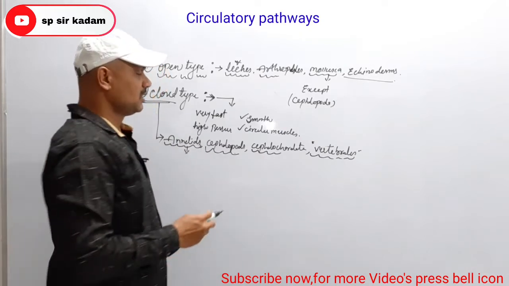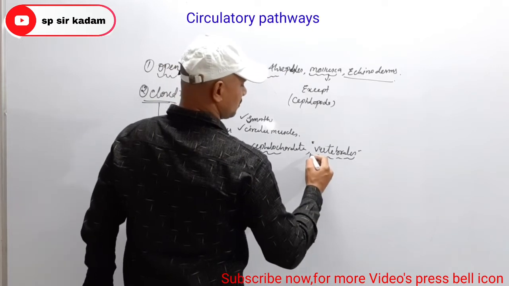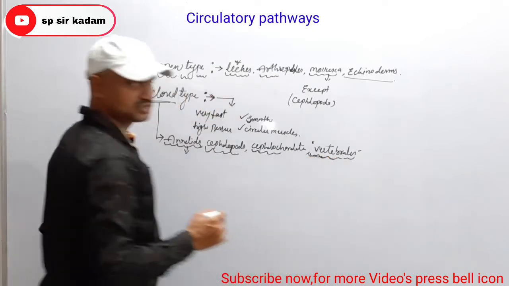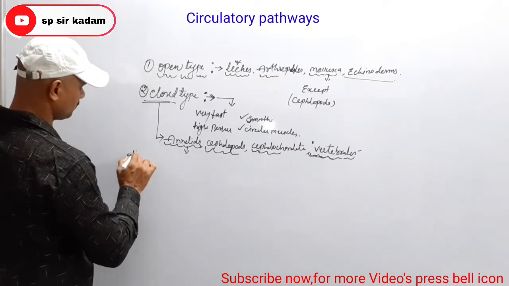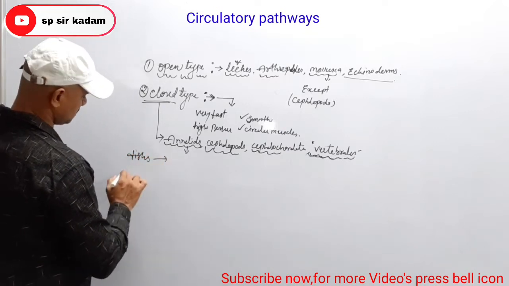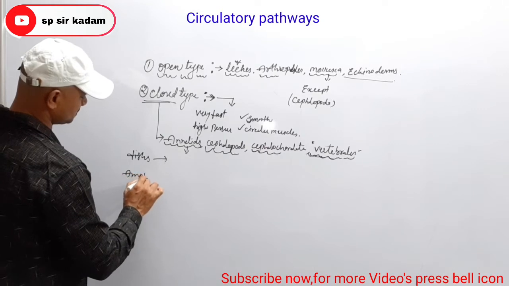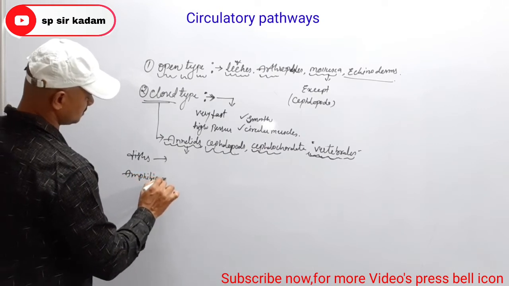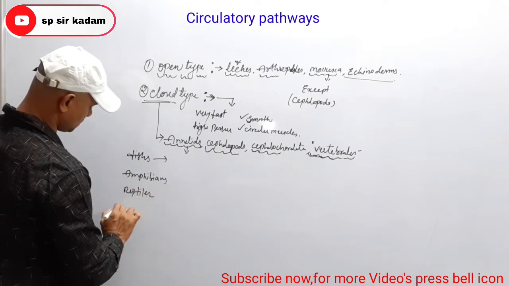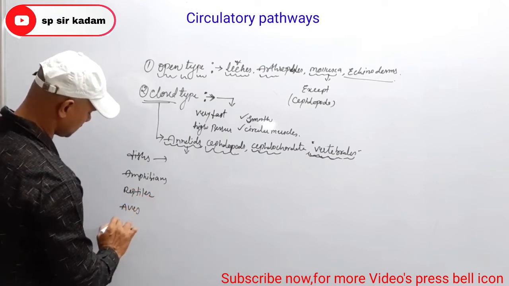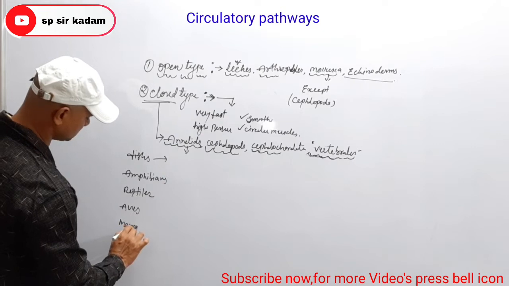Now, when we look at the structure of the heart in vertebrates from fishes to mammals, it is very simple: fishes, amphibians, reptiles, birds, and mammals.